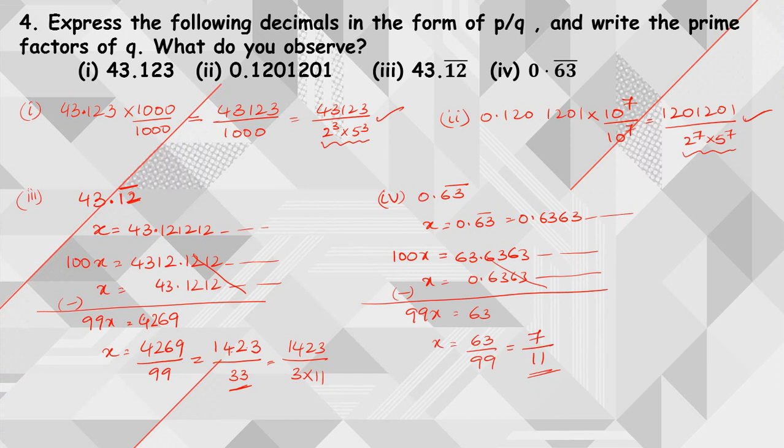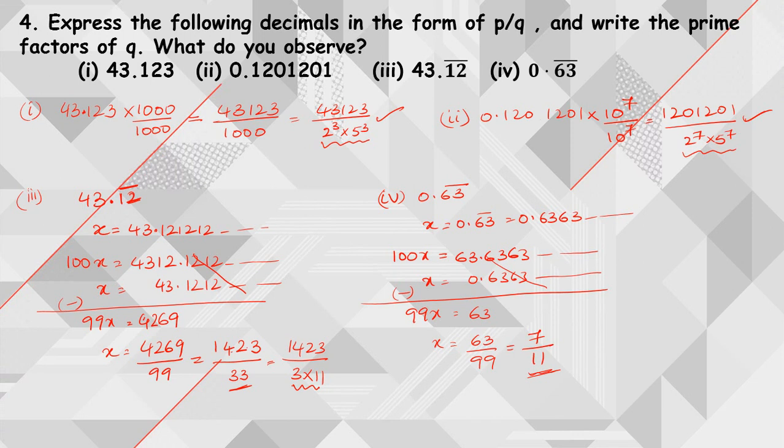And for 3 and 4, the denominators are containing 3 into 11, and here we are having 11 as a prime factor, right? So the prime factors of the denominators are 2 and 5 for terminating decimals, that is for the first bit and second bit. For the third and fourth bit, we are having 3 and 11 as the prime factors, right?